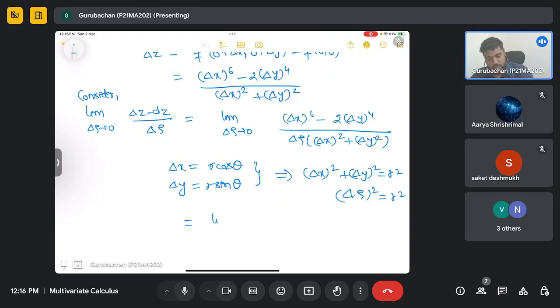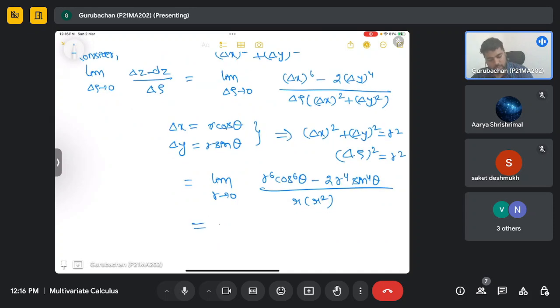And this limiting value will say that the limit as r tends to 0 of r^6 cos^6 theta minus 2 times r^4 sin^4 theta, divided by r times r^2. So this will give us the limit as r tending to 0. We can take out r^4, and we will be left with one r here: r^2 cos^6 theta minus 2 times sin^4 theta.